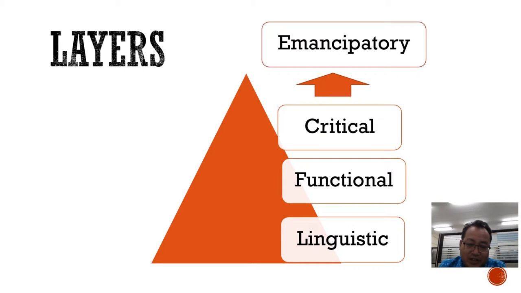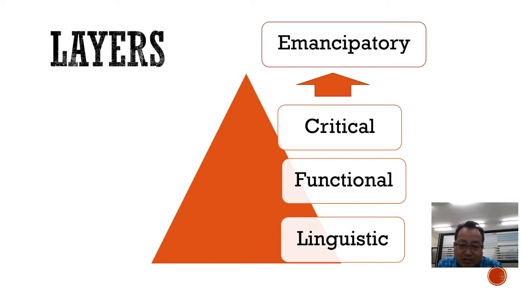And we talk about layers from the very onset. I think I mentioned this in class before. Traditionally, we will look into three layers, namely the linguistic layer, the functional layer, and the critical layer. And I add one more layer on top of the critical layer, that's the emancipatory.